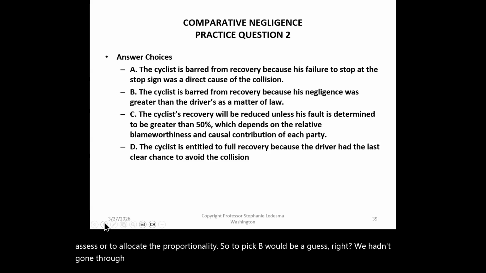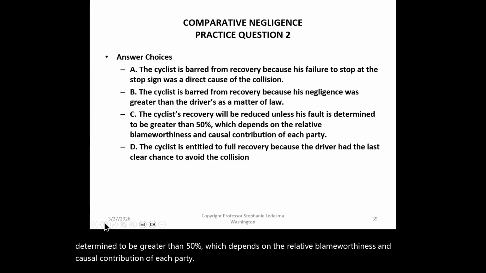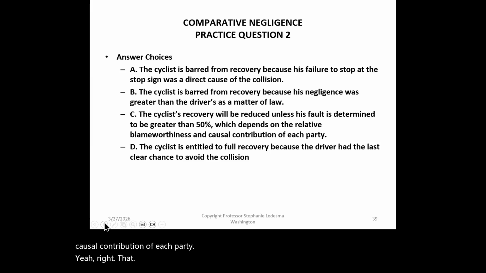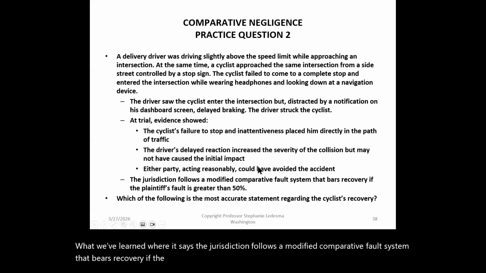C, the cyclist's recovery will be reduced unless his fault is determined to be greater than 50%, which depends on the relative blameworthiness and causal contribution of each party. Yeah, right. That C matches what we've learned, where it says the jurisdiction follows a modified comparative fault system that bars recovery if the plaintiff's fault is greater.